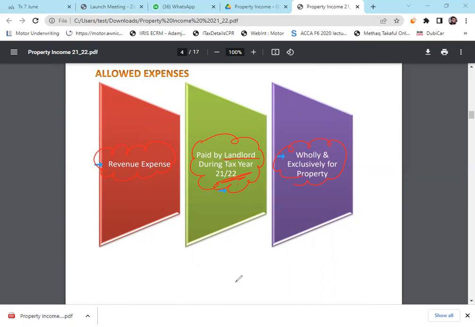So these are the conditions. Any expense can be an allowed expense if it meets all these conditions, 1 plus 2 plus 3. Revenue expense paid in the tax year and exclusively spent on the property. If any expense meets all three conditions, it is going to be an allowed expense.